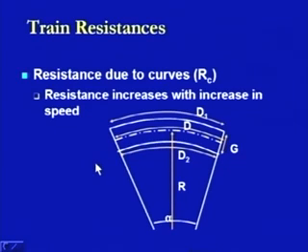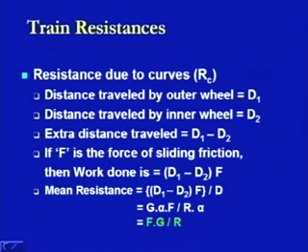And this resistance increases with the increase in the speed. So on the basis of what we have discussed previously, if we have the force F, which is the force of the sliding friction, then the work done can be given as the difference between the movement on the outer rail and the inner rail multiplied with this force of the sliding friction. And the mean resistance in that case will be defined as d1 minus d2 multiplied with F divided by the average diameter d.